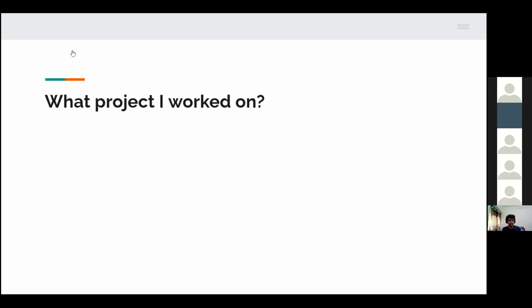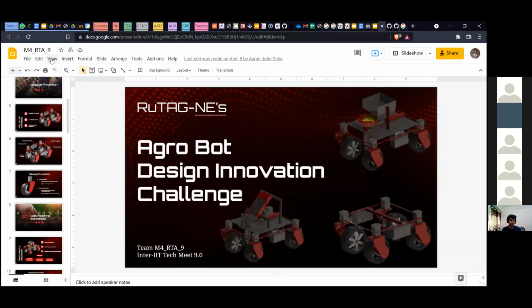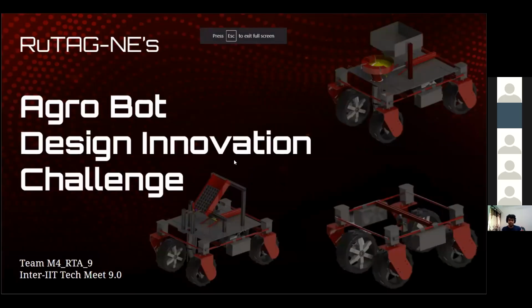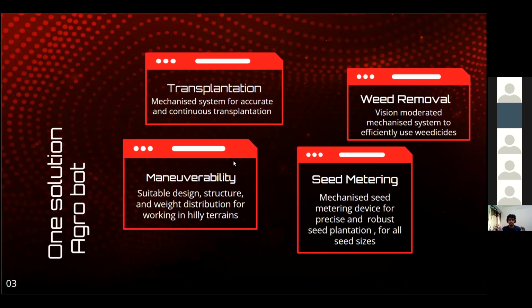It was the Agrobot. So, Agrobot design challenges: we were given a problem statement which included some of the tasks this Agrobot was supposed to do. We had transplantation. Transplantation is simply that there is a plant, you need to pull it out and transplant it at some other location.